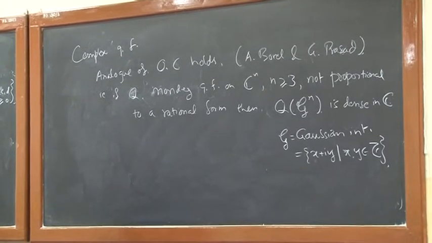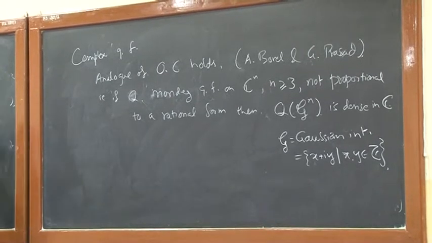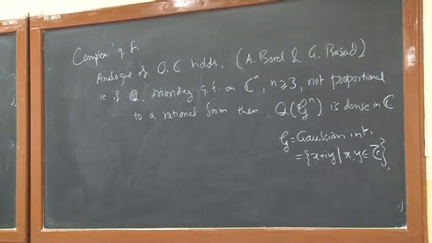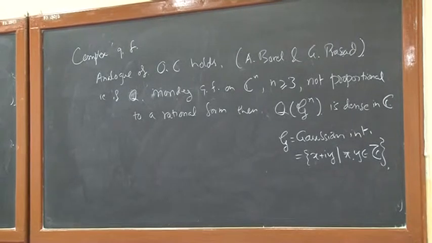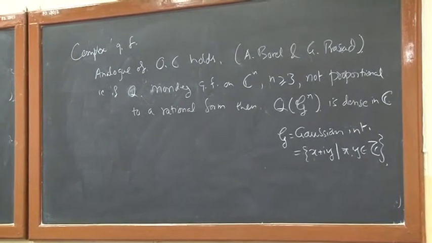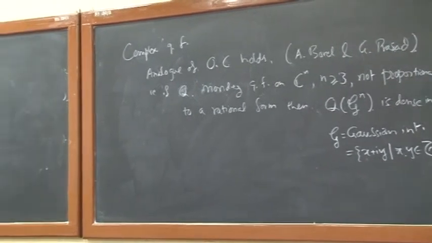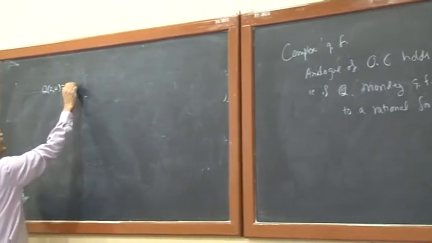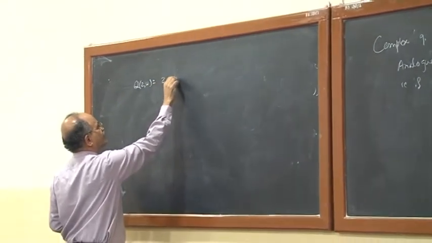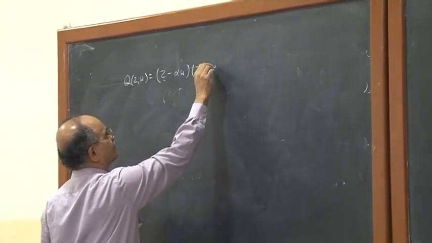And yeah, so now again, we would like to think of the n equal to 2 case, the primary quadratic forms. So let's write down Q of z, w equal to (z minus alpha w)(z minus delta w).